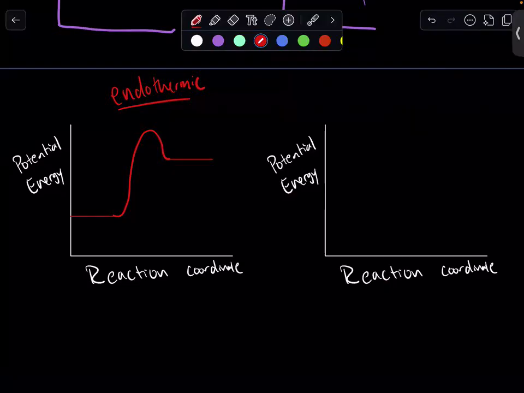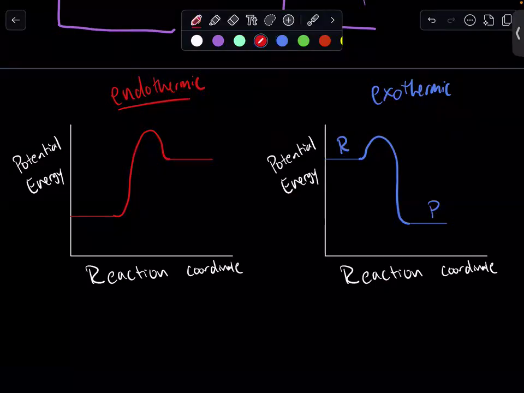And if we look at our exothermic, where we're releasing energy, once again, we still have to put some energy in, and we get a profile that looks a bit like that. So here's our reactants, here's our products, here's our reactants, here's our products.